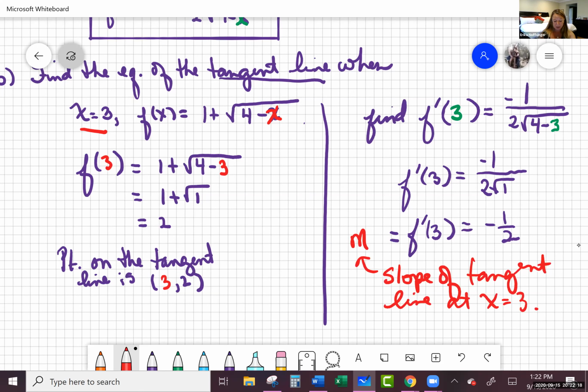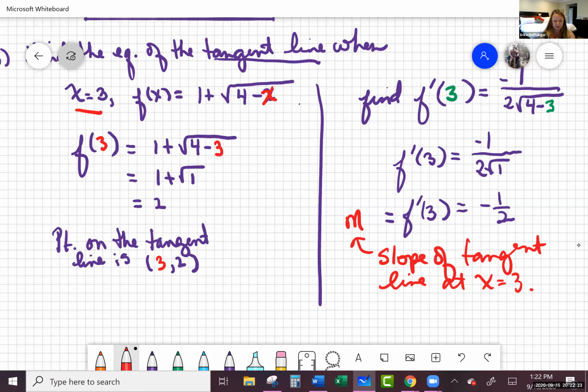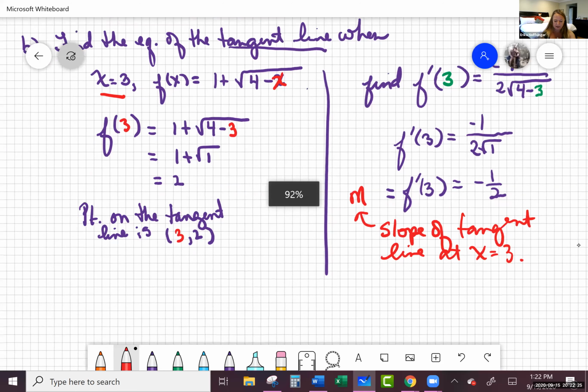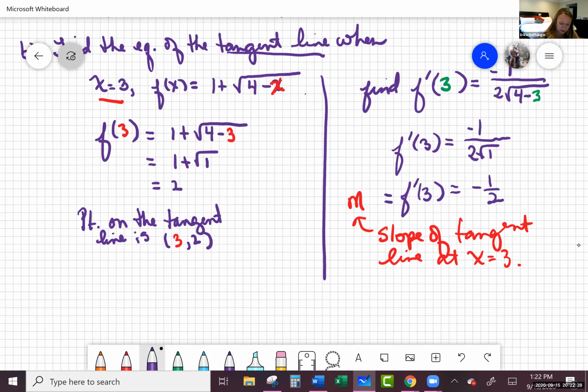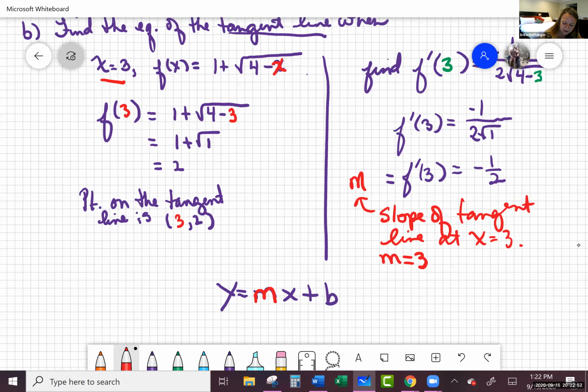So whatever method you want to use, your point slope formula or your slope intercept formula, to find the equation of the line, I'm just going to be consistent and use y equals mx plus b, how I've been doing it. So we're going to go back in, plug in our slope, and plug in our point. Oops, I guess I didn't use different colors.